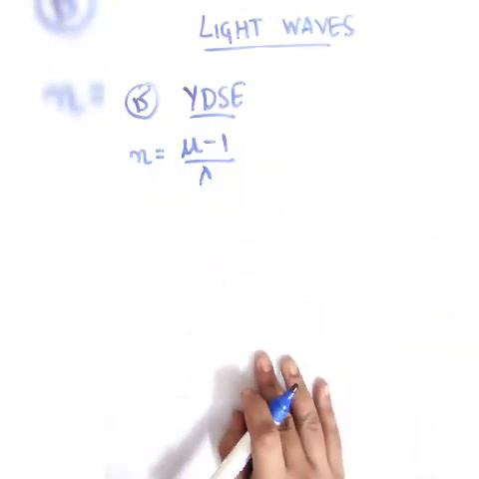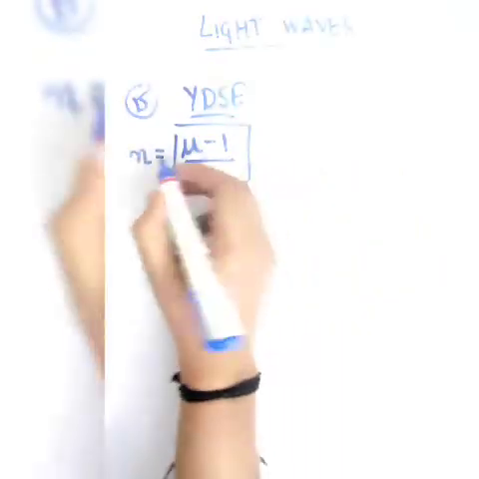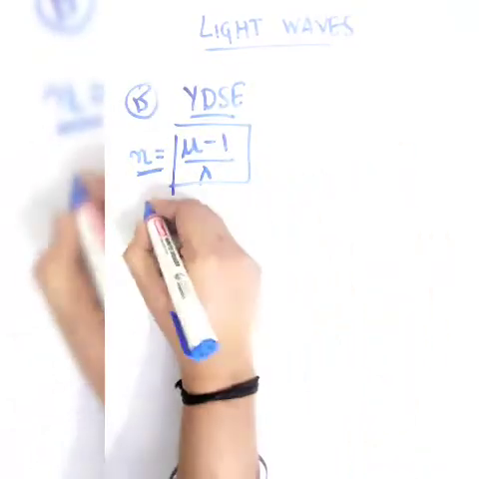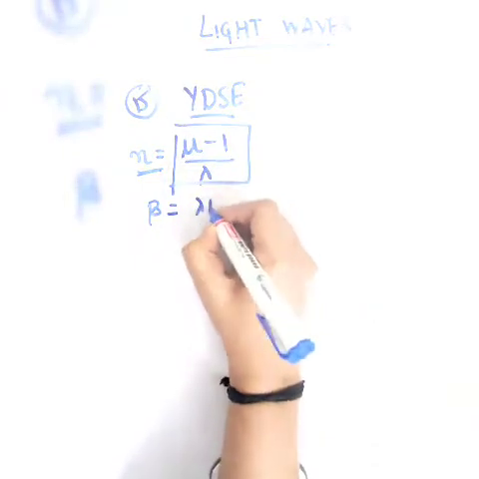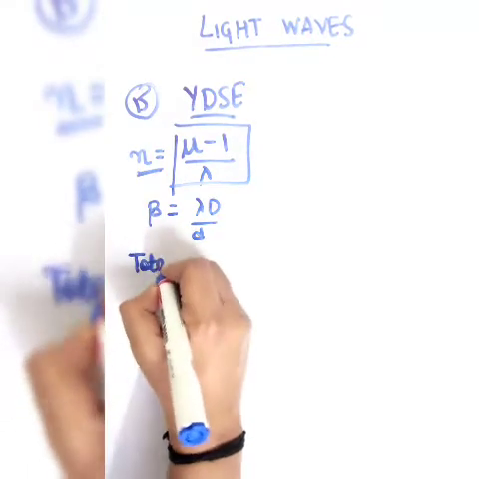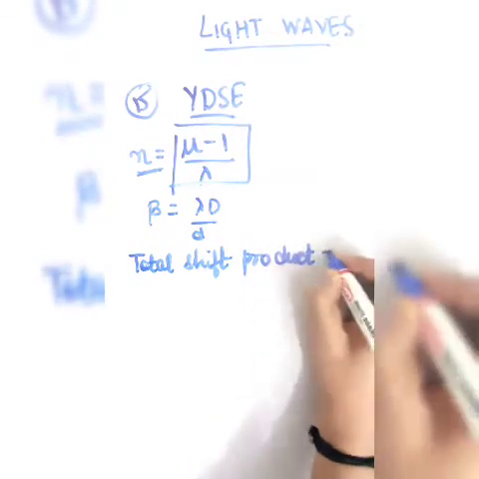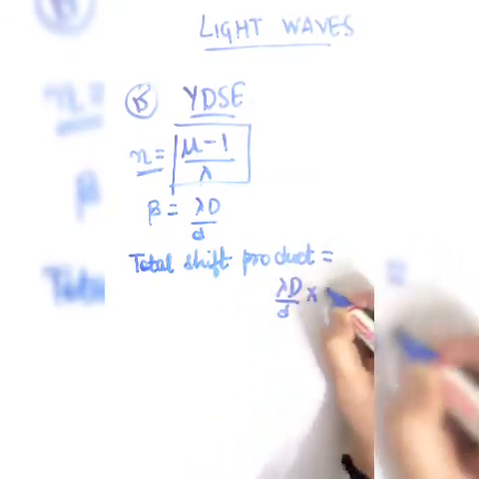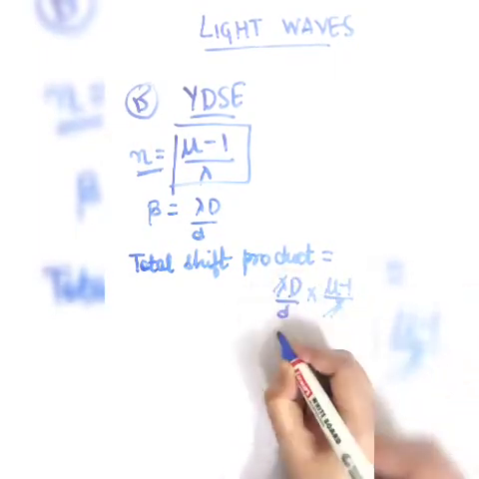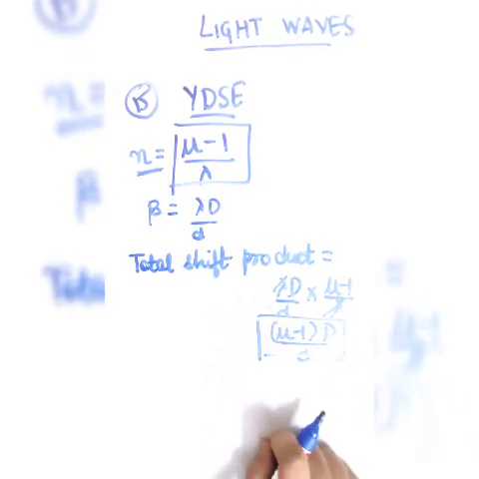Each fringe has a width of lambda capital D by small d. So the total shift produced is equal to lambda capital D by small d into mu minus 1 into t over lambda. This comes out to be mu minus 1 into t times capital D by small d. So this is the shift produced.